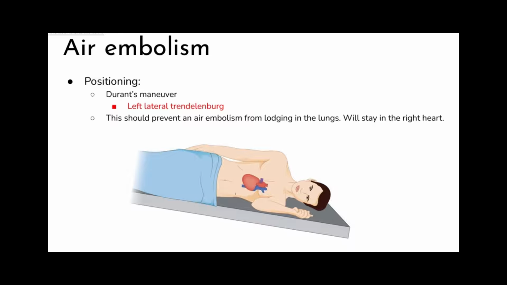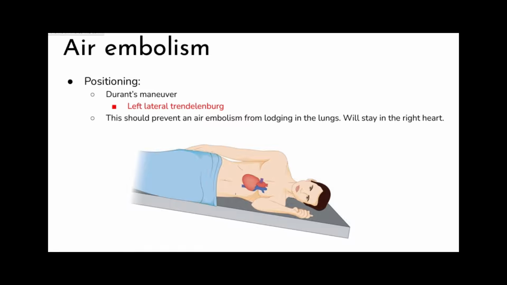Now, in this condition, we discover that left lateral Trendelenburg position becomes the best option. Remember we talked about Trendelenburg as a position whereby the head is low and the feet are elevated. And of course, one of the reasons why we do that is to promote venous return.